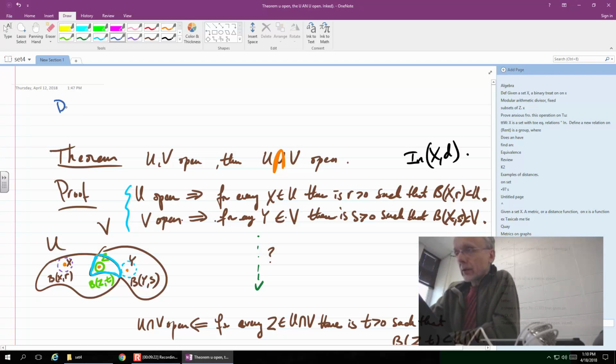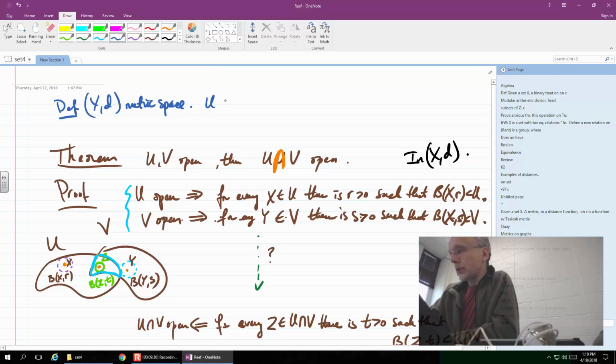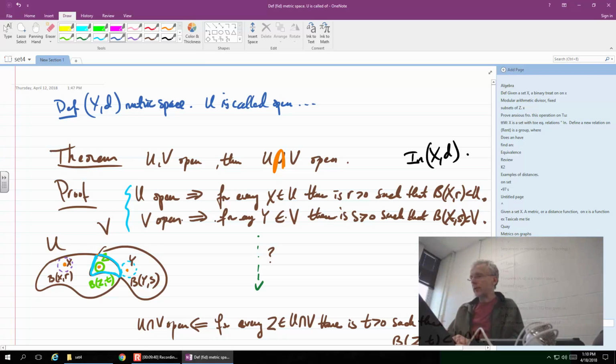And so the definition once again: X is a metric space, and U is called open. I already did it 3 times right here.